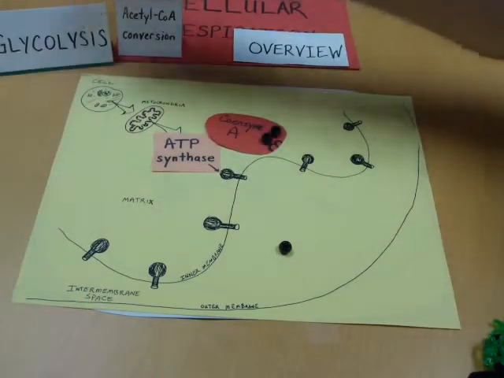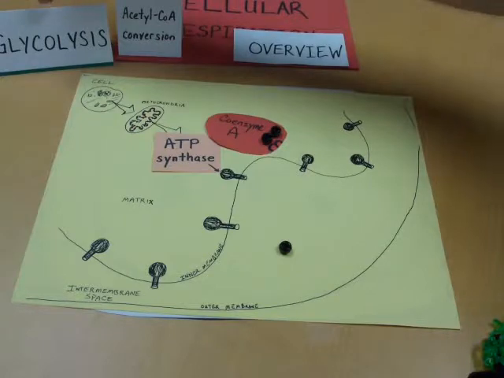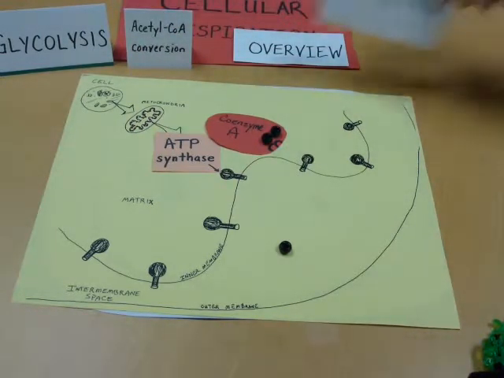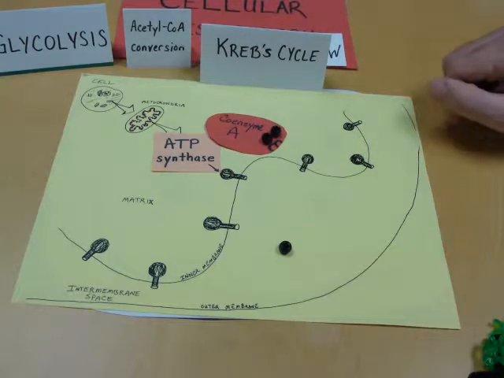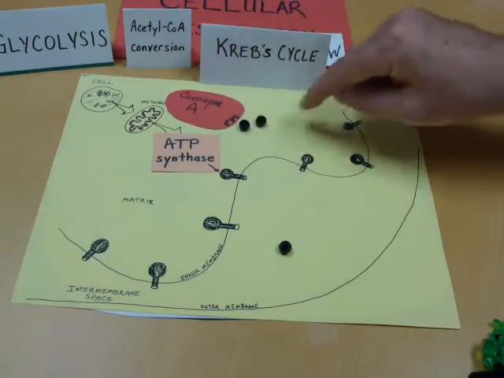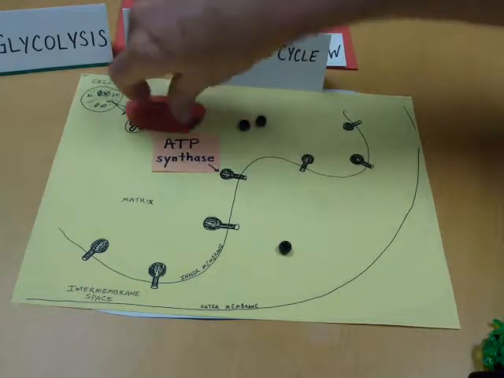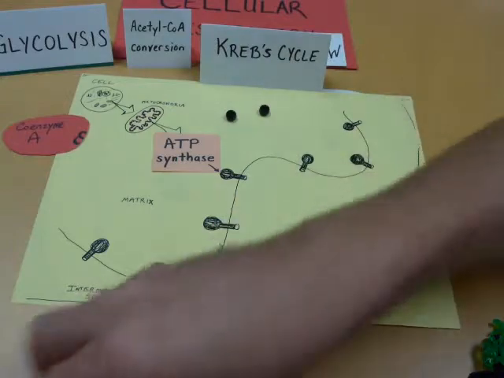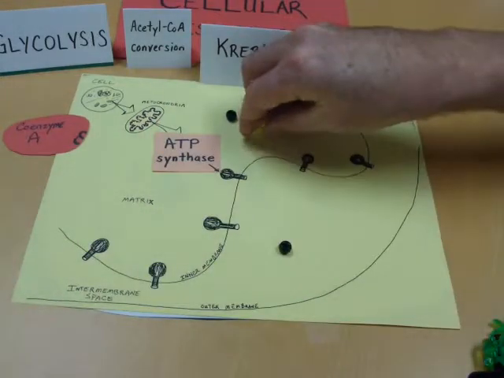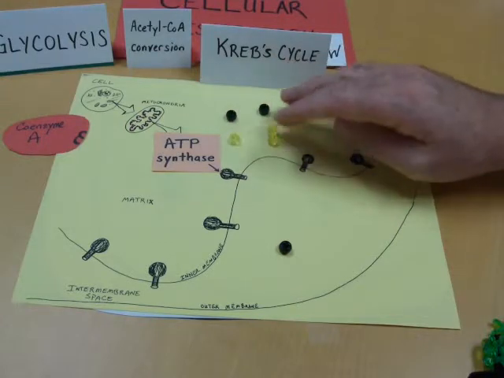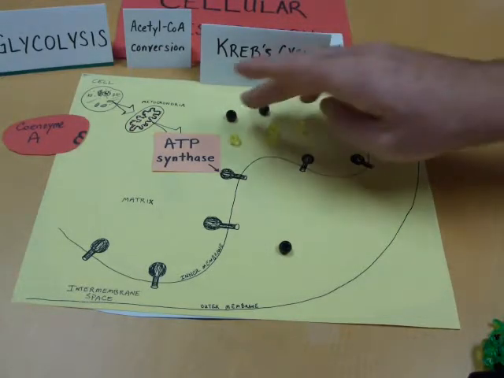So we've done glycolysis in the cytoplasm, acetyl-CoA conversion in the mitochondria. Next we have the Krebs cycle, and there we're going to take that from coenzyme A, we're going to break them apart and strip off all those other electrons in the process. Let's bring those guys back. So we're taking off the rest of those electrons, transferring energy around.